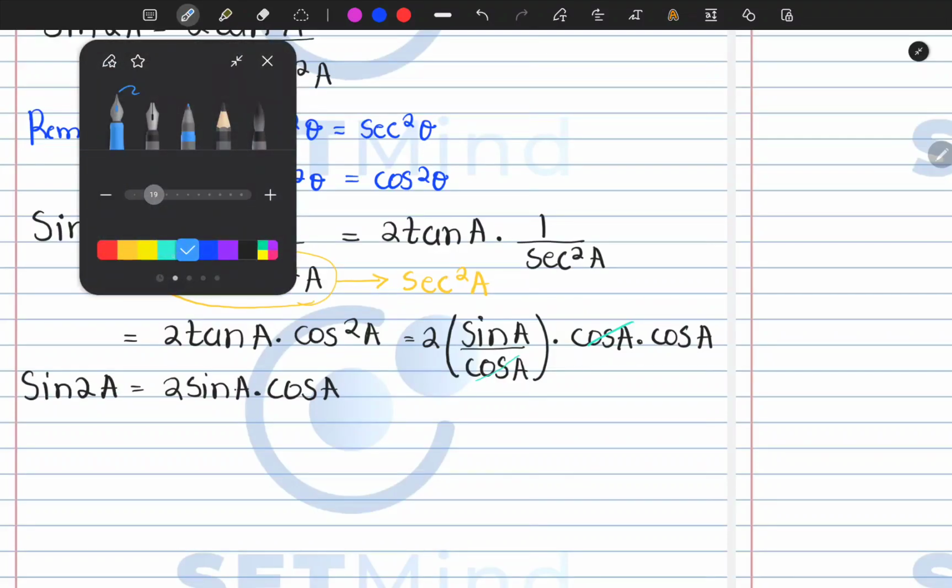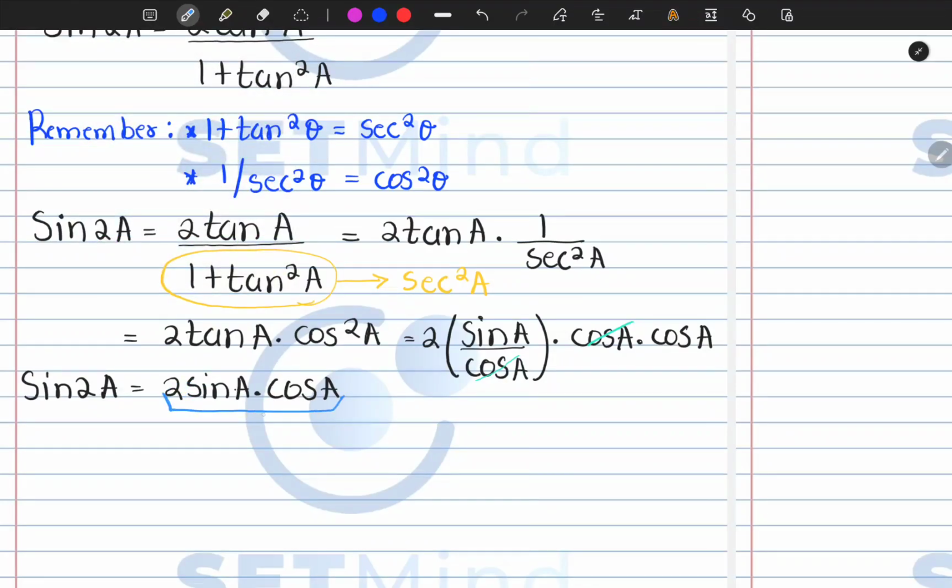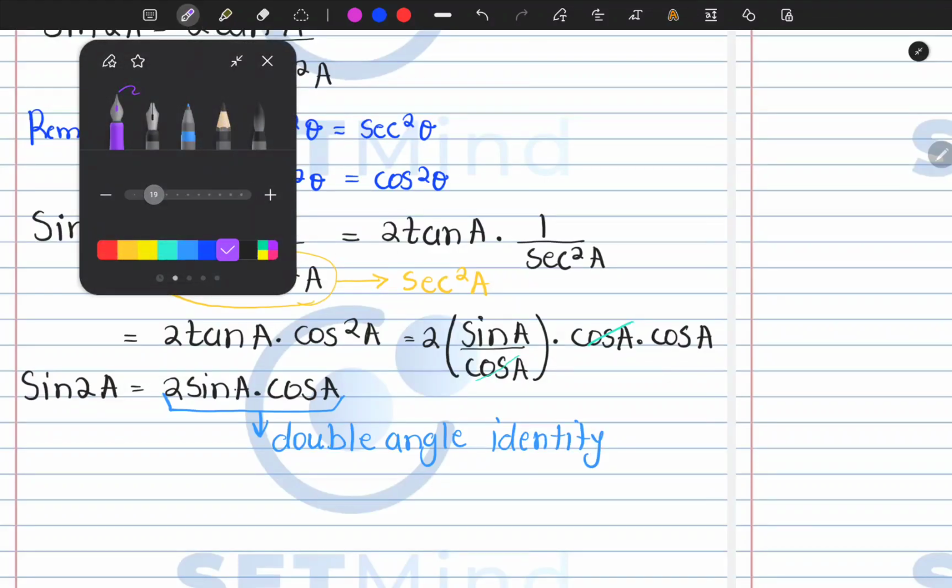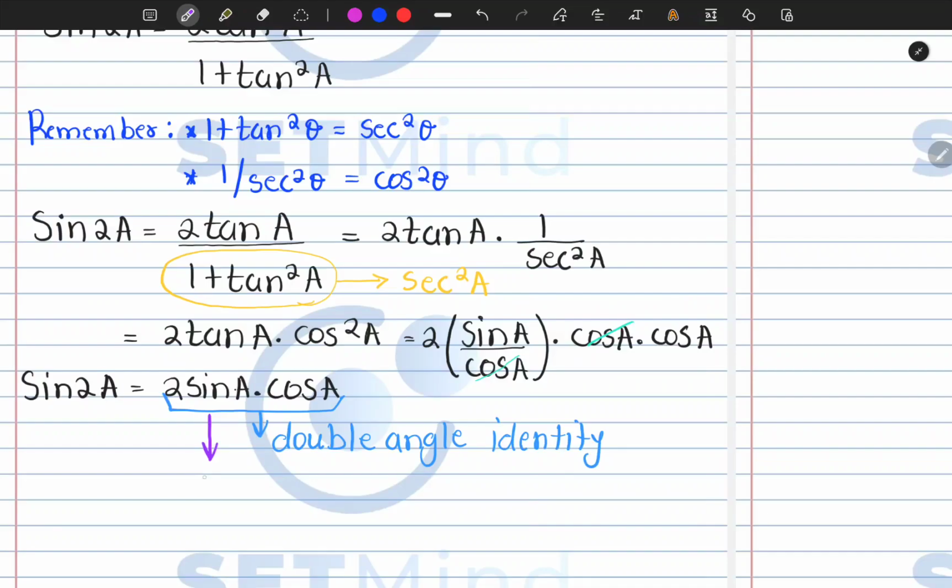And by now you should easily be able to see that what we have here is a double angle identity. So indeed, the right hand side and the left hand side are equal, because that double angle identity is just sine of 2A.